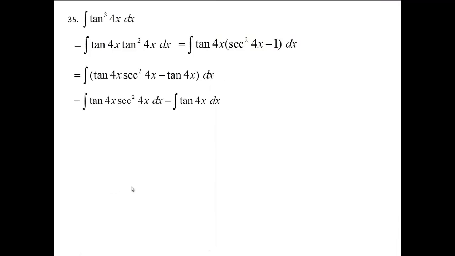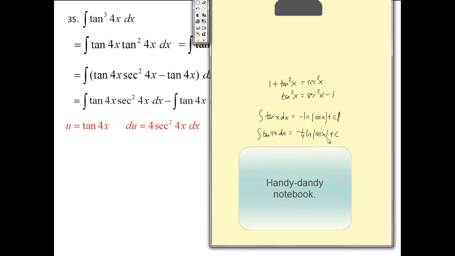Let's come back over here and continue. Here's our u sub. U is going to be tangent 4x, and du is 4 secant squared 4x, so 1/4 du will take care of the secant squared 4x dx. Doing the u sub, and again we know the antiderivative for this, we just did it over here in the notebook.